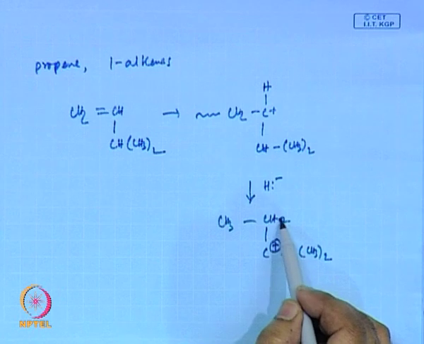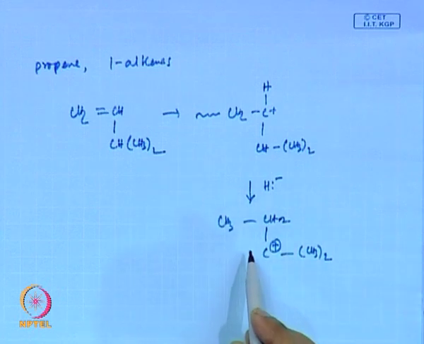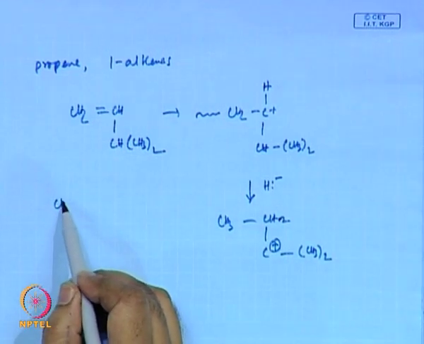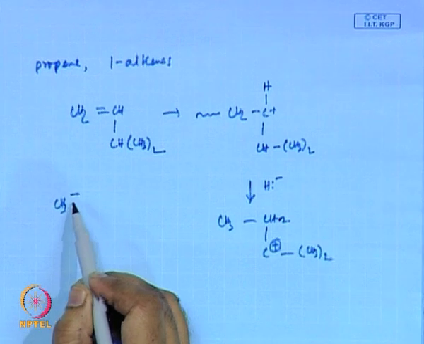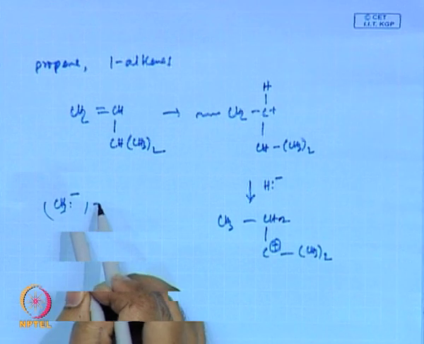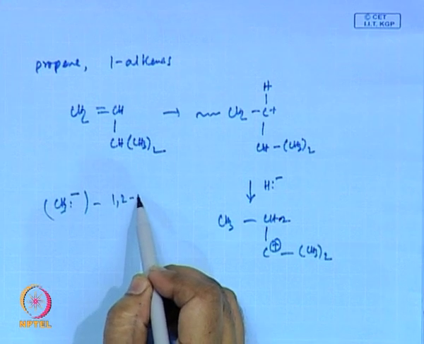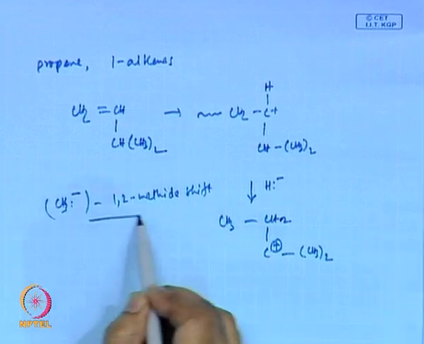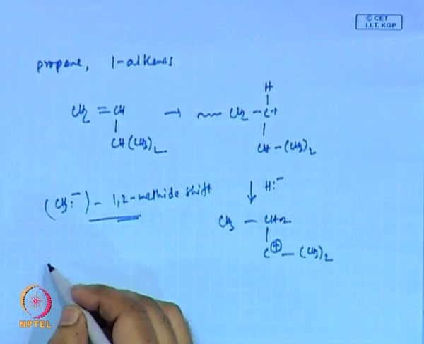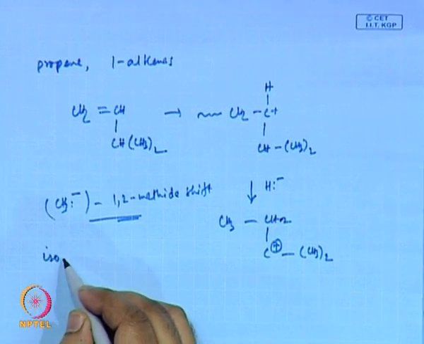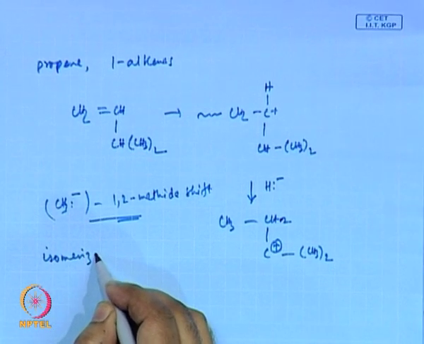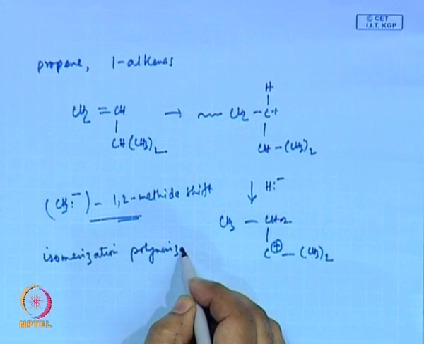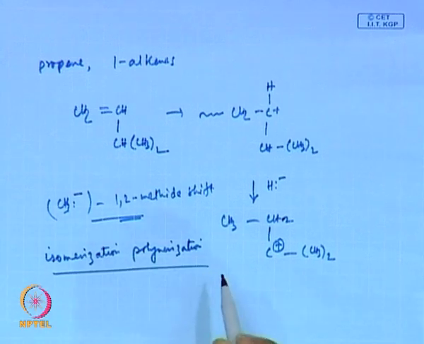actually form when there is this type of hydride shift, or in some cases methide shift. If this happens, the reactions become very complicated and we sometimes call that isomerization polymerization as well, but this is not common.